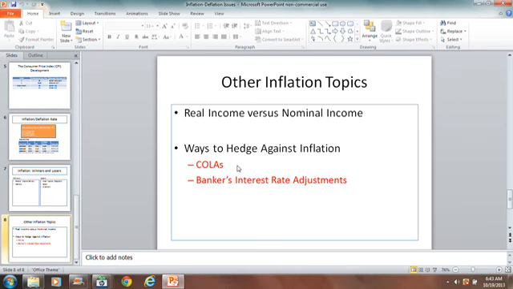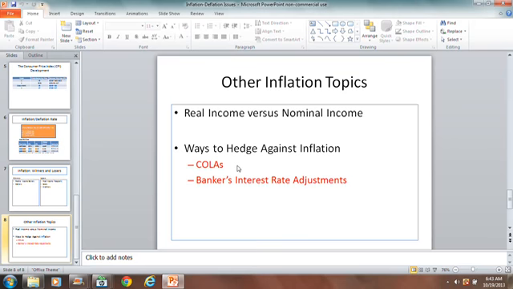The objective of the income supplement is to offset inflation. For example, if prices are rising by 3%, and your income doesn't increase by at least 3%, you're going to lose purchasing power. Now, if you get a COLA that gives you a 3% income supplement, then you've neutralized the effects of inflation. So if prices go up 3% and your income through the COLA goes up 3%, you don't lose purchasing power.